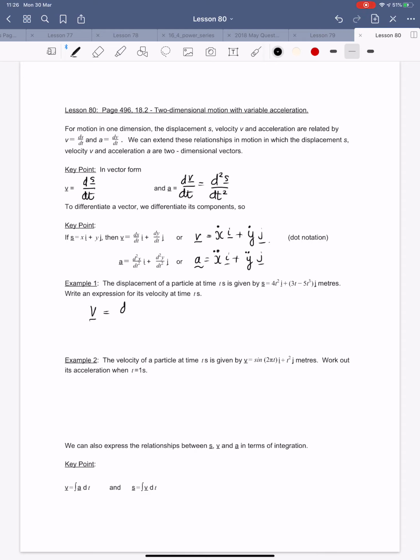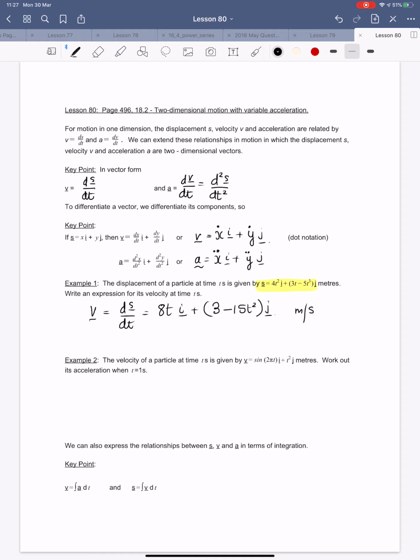Well, velocity is ds by dt, so we've got to differentiate s with respect to time. 4t squared differentiates to 8t, that's the i. And then 3t minus 5t cubed differentiates to 3 minus 15t squared in the j. And that's meters per second.